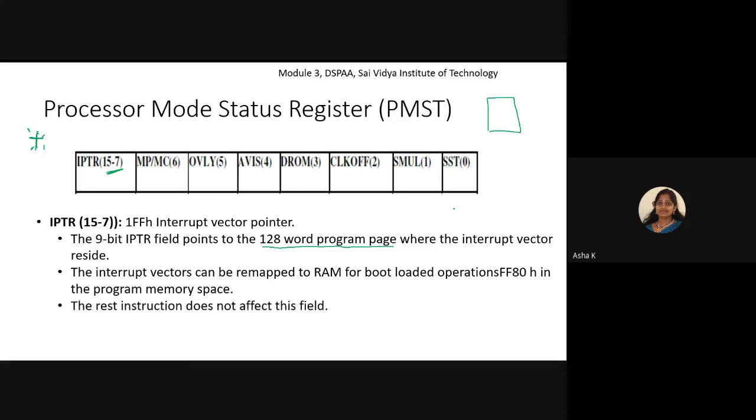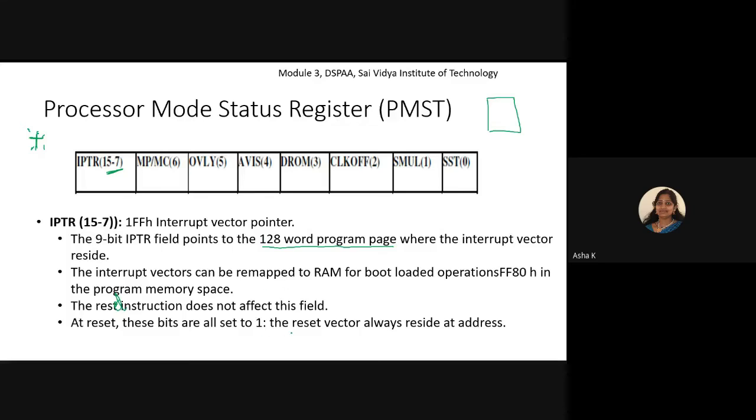And see, the reset instruction does not affect this particular field. So this IPTR field will not be modified with the help of the reset instruction of the TMS320C54xx processor. And after this, at reset, all these bits will be set to 0.